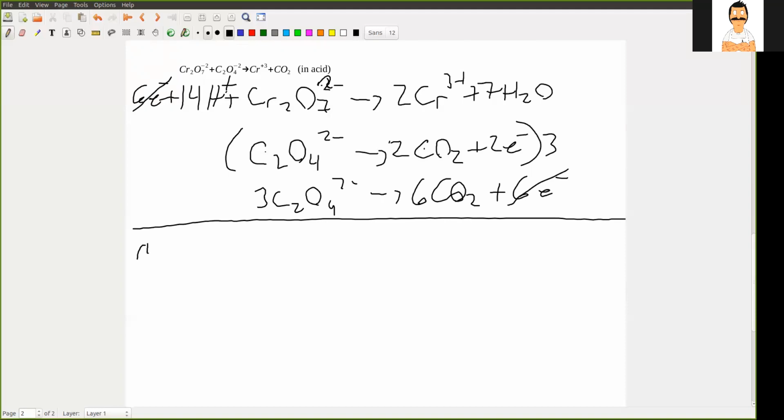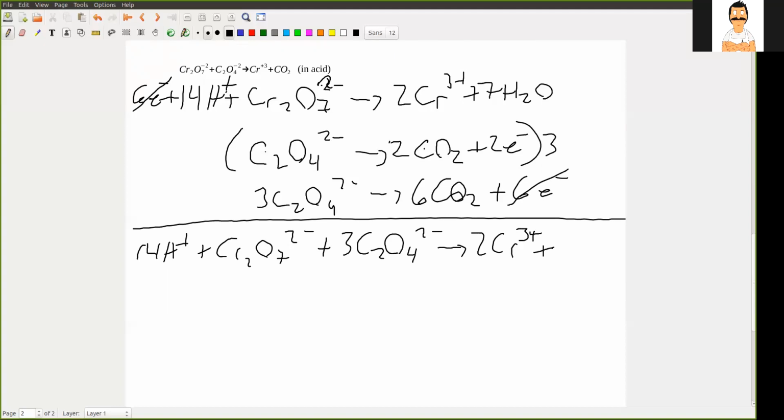So we end up with 14 H plus, Cr2O7 2 minus, plus 3 C2O4 2 minus, yields 2 Cr3 plus, 7 H2O, plus 6 CO2. And this is a balanced reaction in acid.